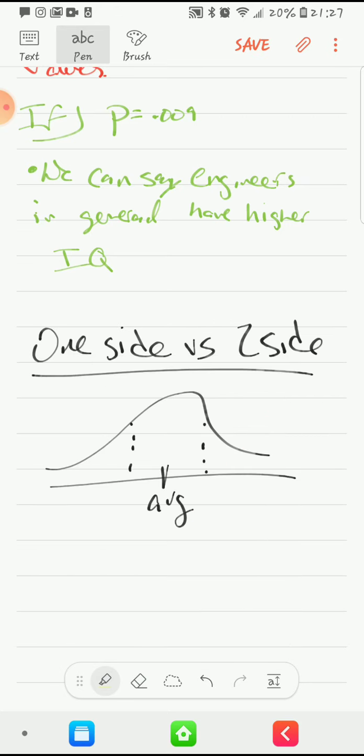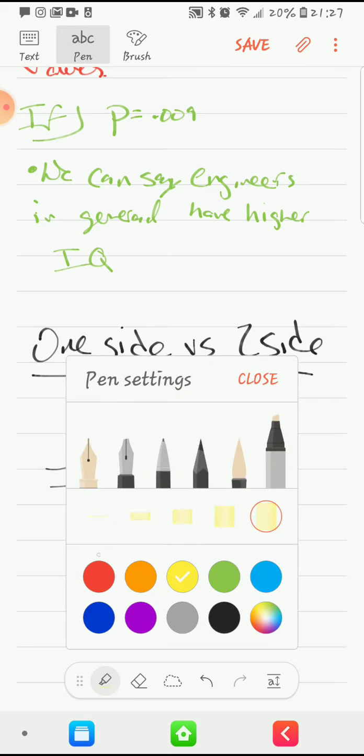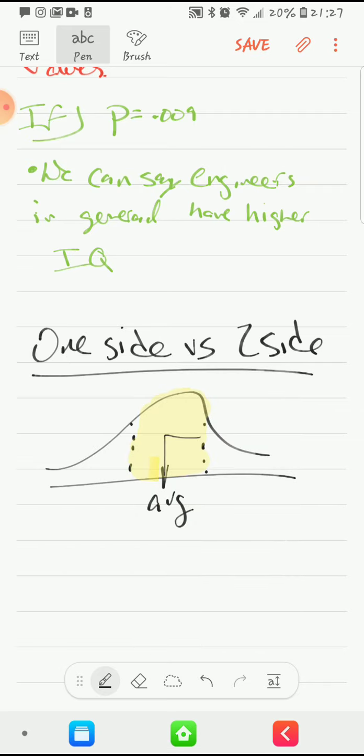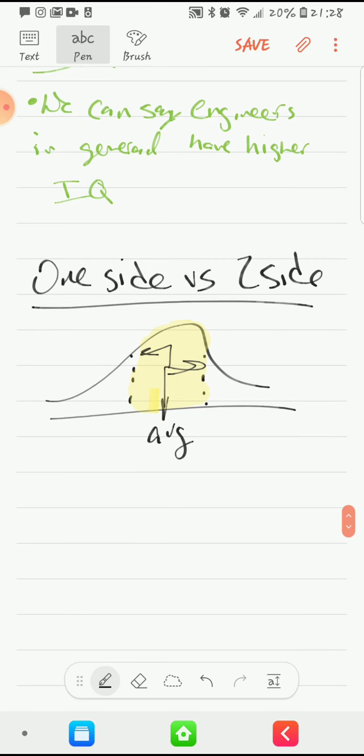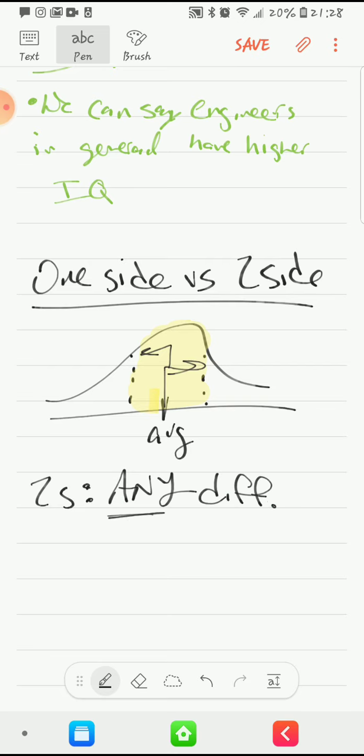That's to say, if you compare the averages, you're going to compare the entire space where you move from the average to the left, and from the average to the right. I wrote it backward, but you get the point, right? And so the two-sided test looks for any differences, and the keyword is any difference, okay?